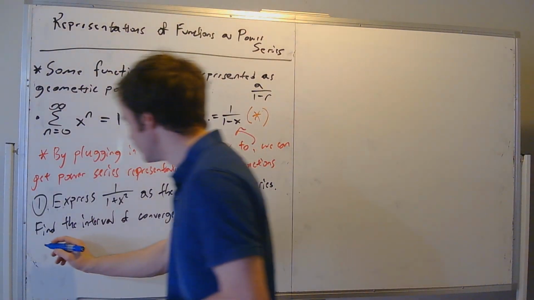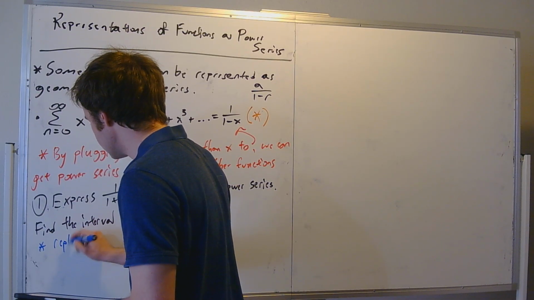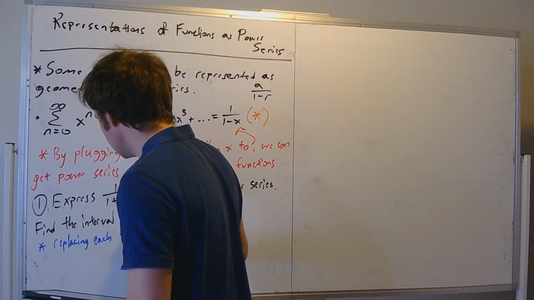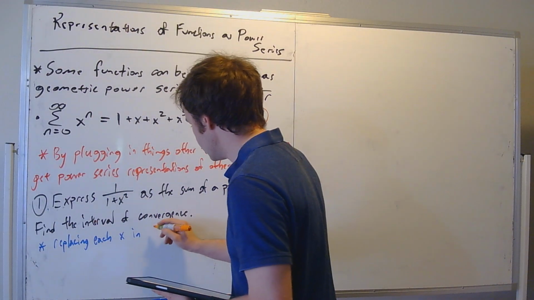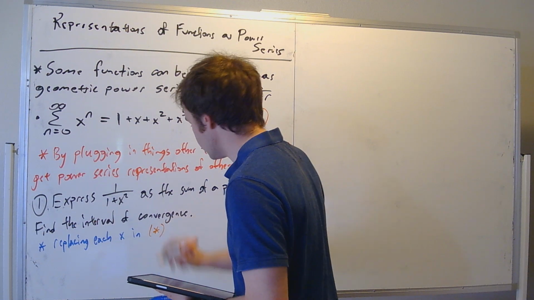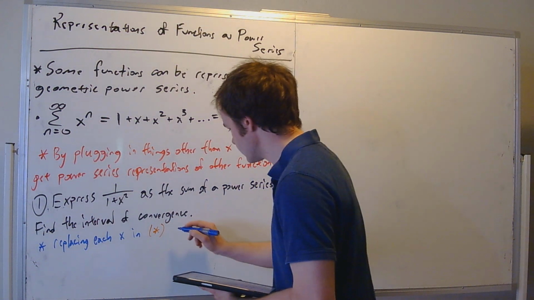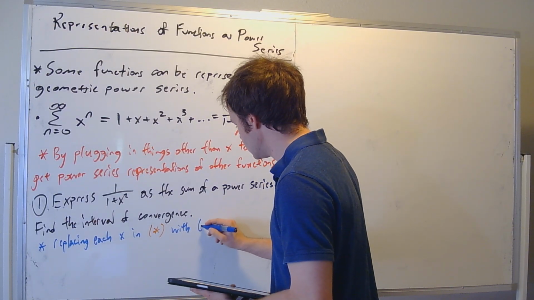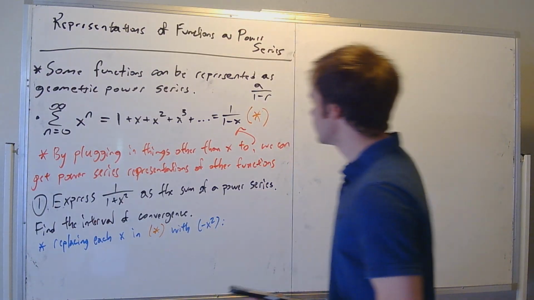So we'll say here, replacing each x in the star equation that I wrote earlier with negative x squared, let's see what we get.